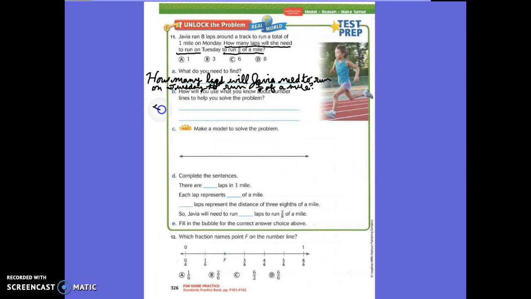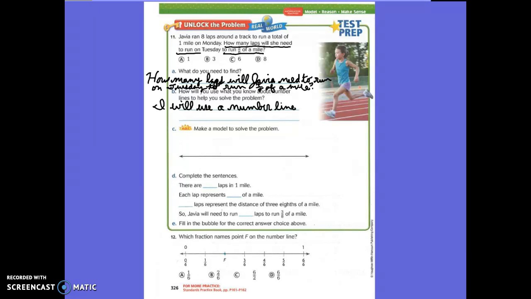I will use a number line to count how many laps.